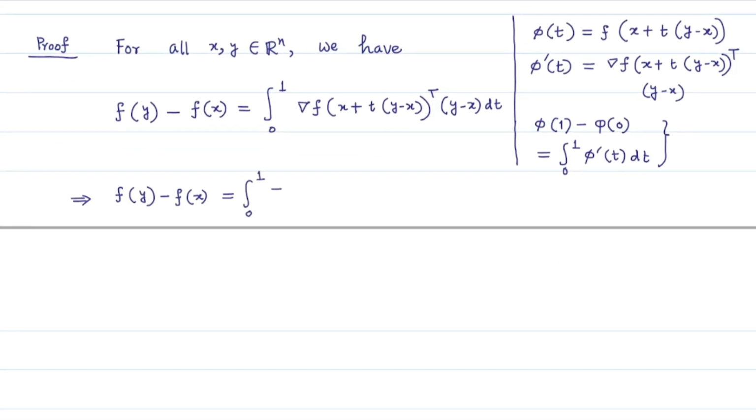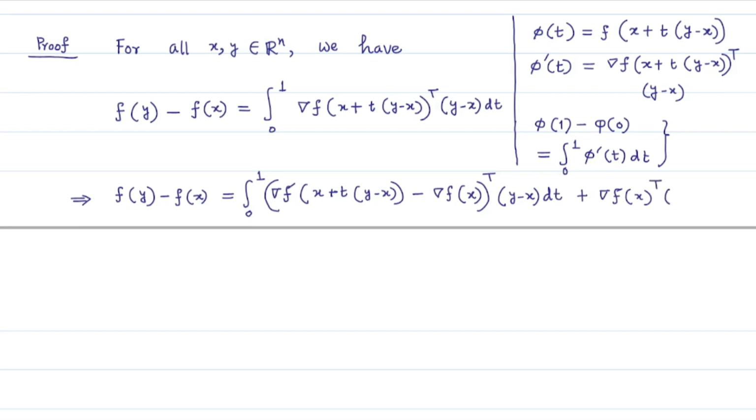integration 0 to 1, the integrand gradient of f at x plus t times (y minus x). We subtract from it the gradient of f at x, take the transpose, times (y minus x) dt, plus grad f(x) transpose (y minus x).